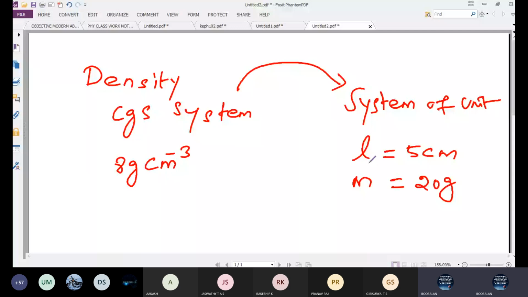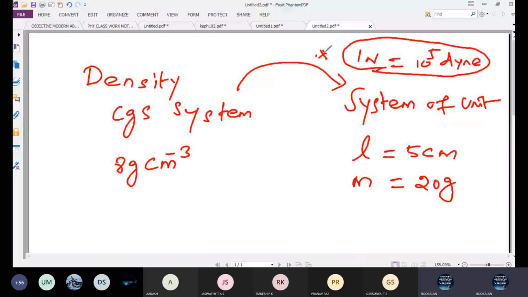Before we discussed 1 Newton is equal to 10 power 5 dyne, like that. Those are easy. So now we go for a somewhat difficult problem for competitive exam purposes.